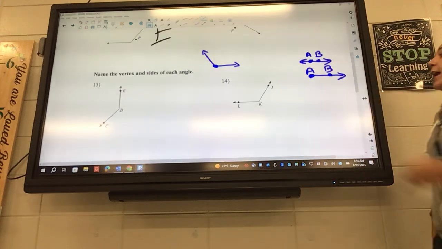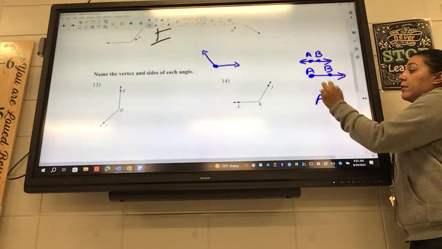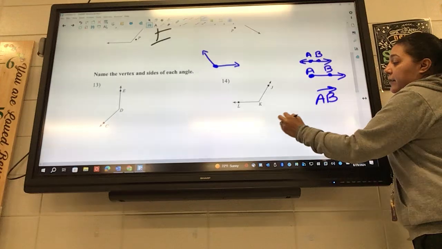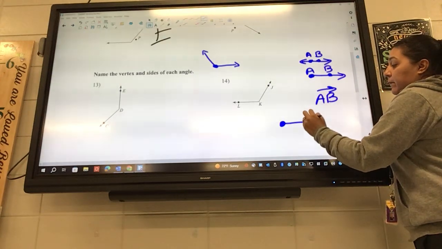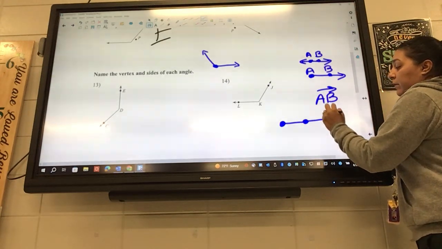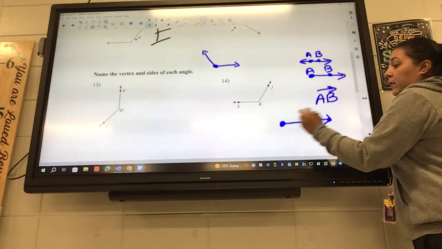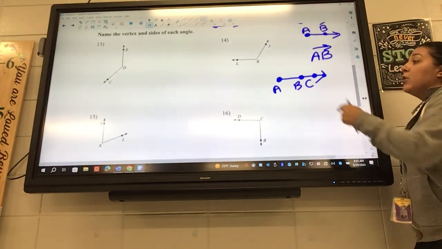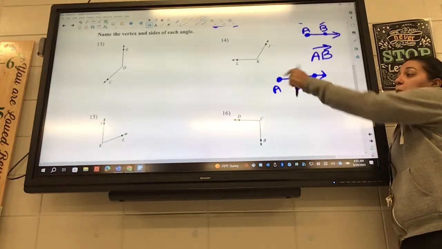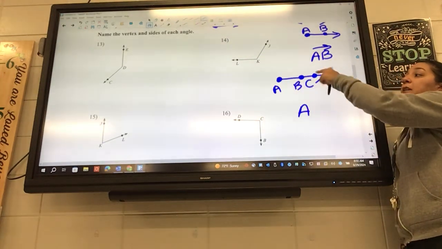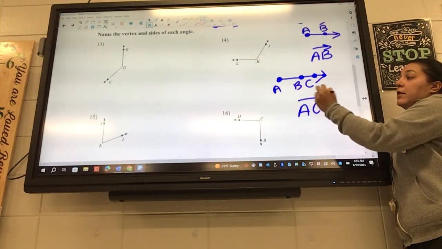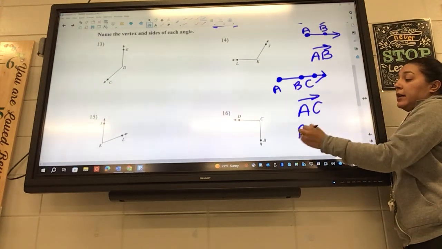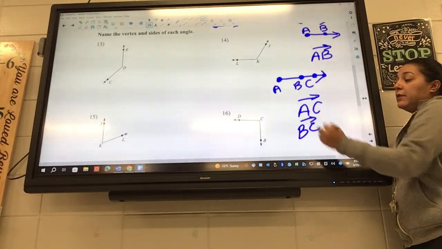So this would be ray AB. If we have like this, A, B, and C, you could use A for a starting point, and the last point that it goes through is C. Or you could start at B, and the last point that it goes through is C.